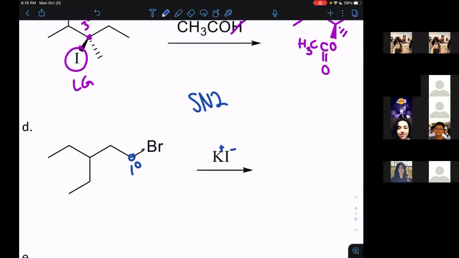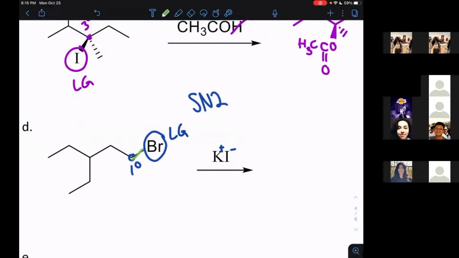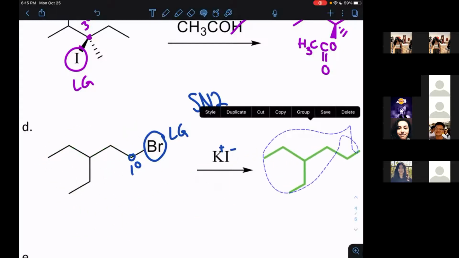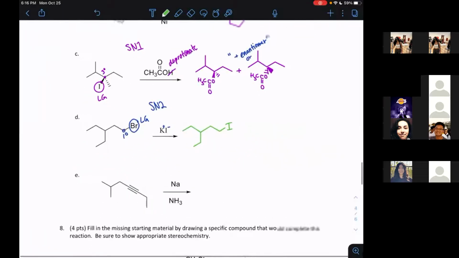And this is a good leaving group. So it's just going to be the same thing with the iodine replacing the bromine.